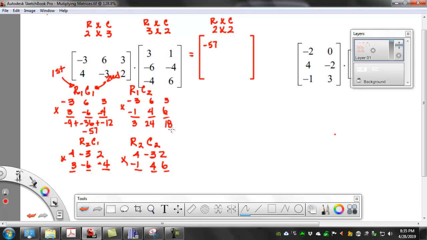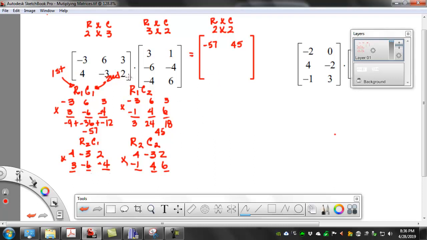So 3 plus 24 plus 18, that will be a 45. So the second element of my first row, column 2, that'd be 45. 2 by 2, I should have 1, 2, 3, 4 numbers. Four numbers. So now I'm going to find my second row, first column.